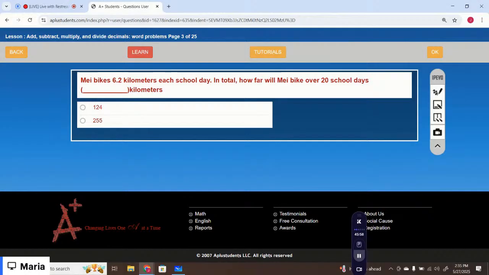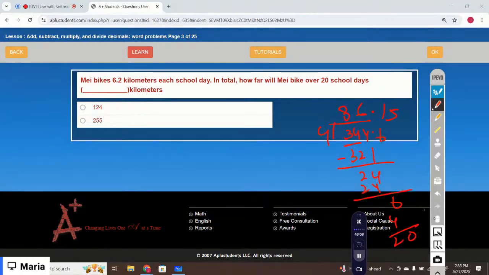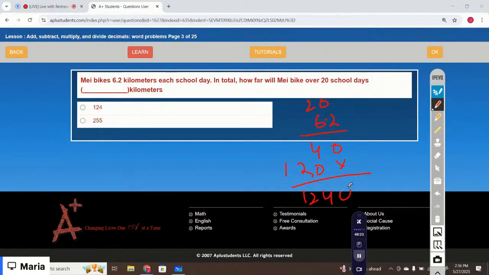A bike rides 6.2 meters each school day in total. How far will it bike over 20 school days? So you have to do 6.2 times 20. 2 times 0 is 0, 2 times 2 is 4. 6 times 0 is 0, 6 times 2 is 12. Well, that is 1,240. Add decimal point in one place, so that is 124.